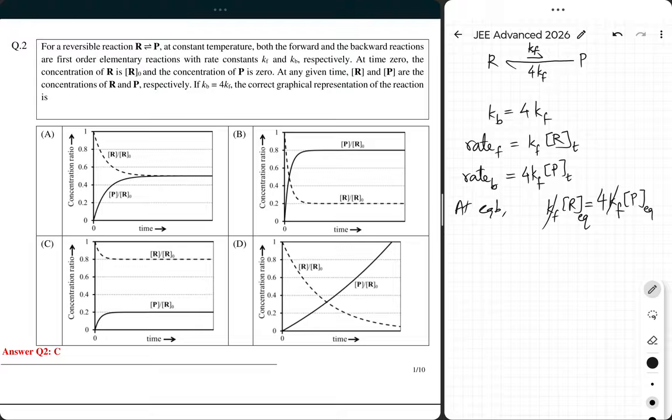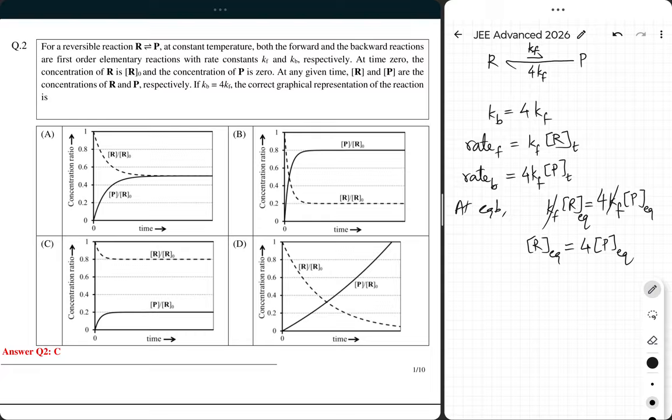So this shows us that R equilibrium is 4 times that of P, which makes sense. We started with R and no P at time 0. So after some time, because the backward reaction has a rate constant which is larger, R is in larger quantity compared to P at equilibrium.